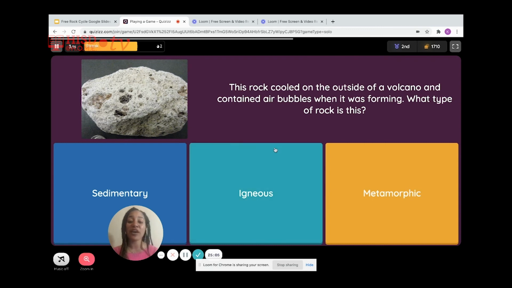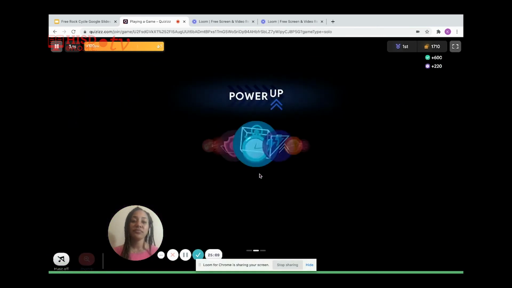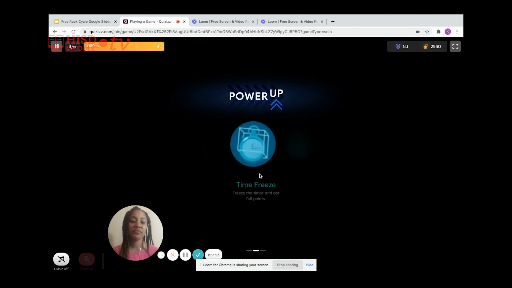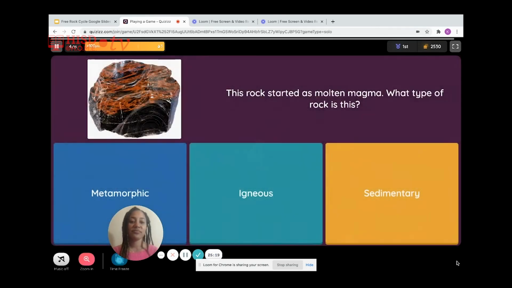Therefore, we know we're talking about igneous rock. This rock started as molten magma. What type of rock is this? Right. Just like the last one, if we're talking about volcanoes, we're talking about magma, we know we're talking about igneous rock.